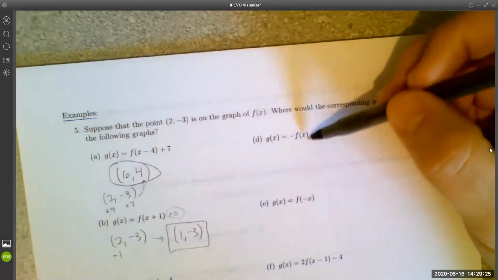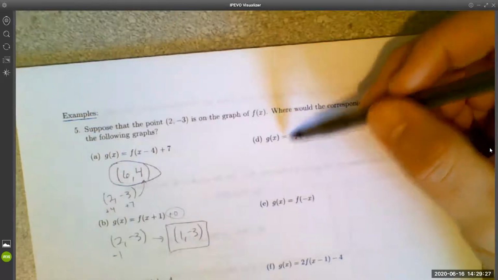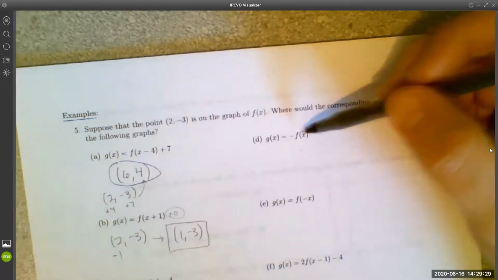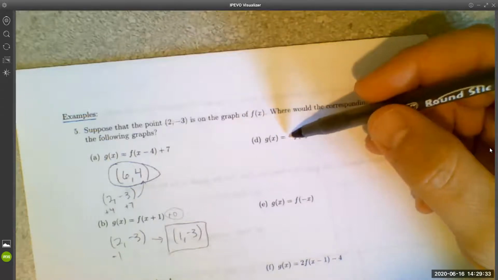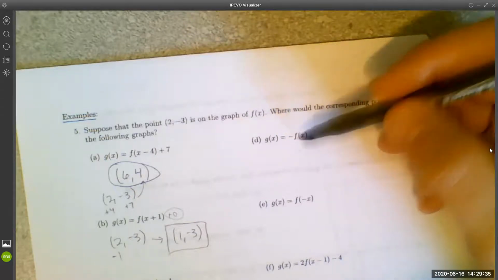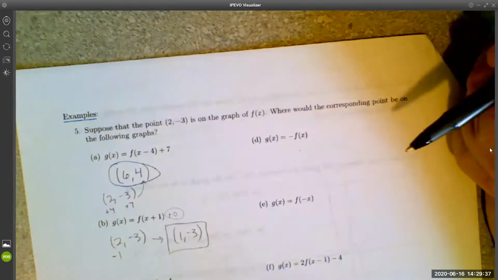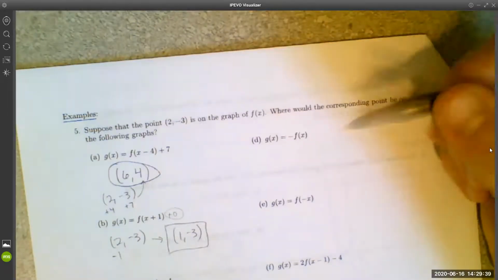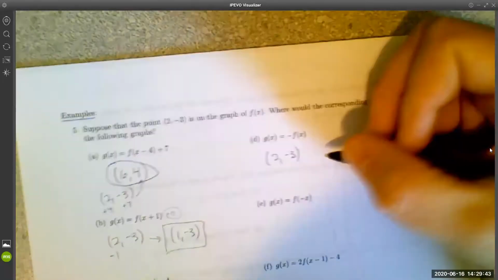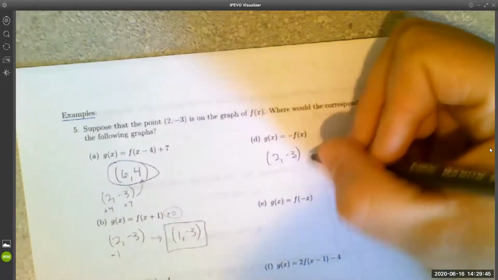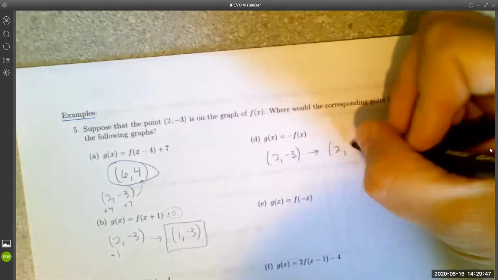On part D, when you have a negative sign on the outside of the function, what that does is you're going to change the sign of all of the y coordinates, right? So (2, -3) is going to land on (2, 3).